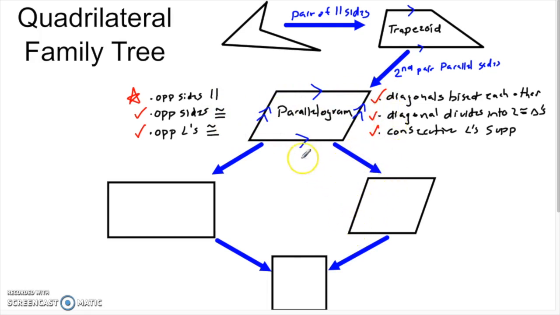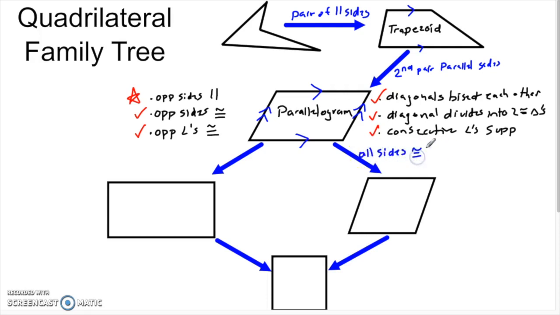Now we've got a choice. There are two additional things that we could ask of our parallelogram. If you think about what a parallelogram has, it's really only got two things to offer. It's got sides and it's got angles. We've already made opposite sides parallel, so we can't talk about parallel anymore, but we can talk about making those sides congruent. So one thing that we could ask, this blue arrow, could be asking for all sides to be congruent.